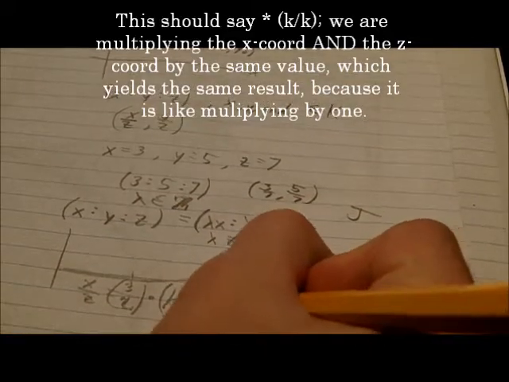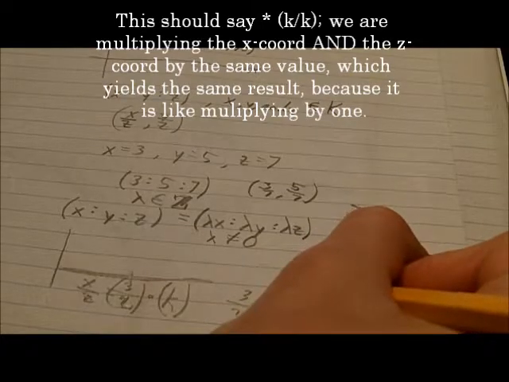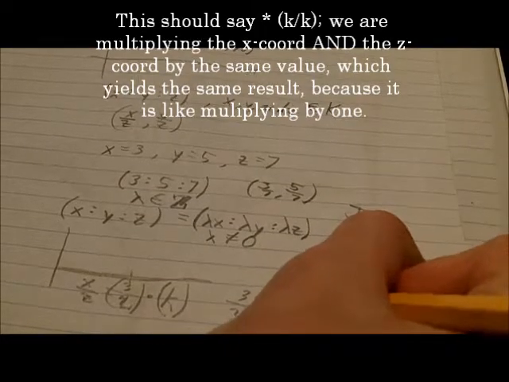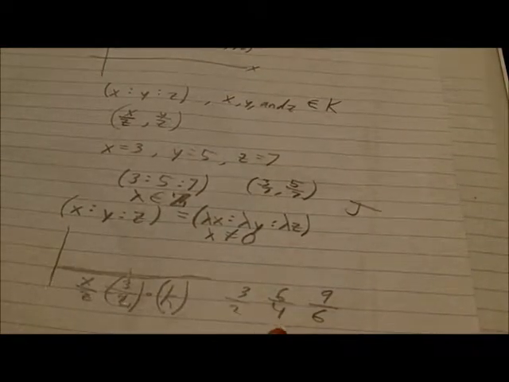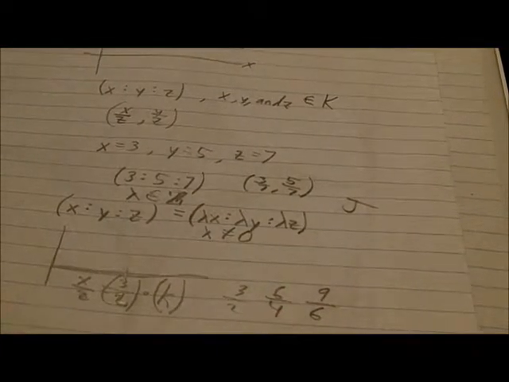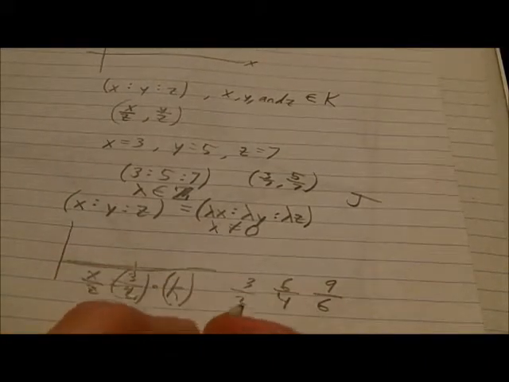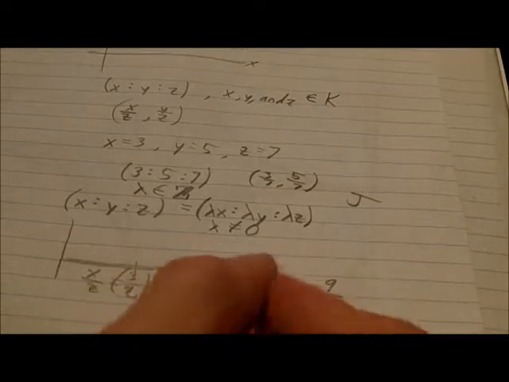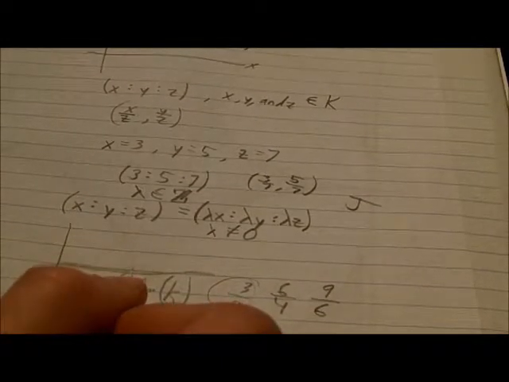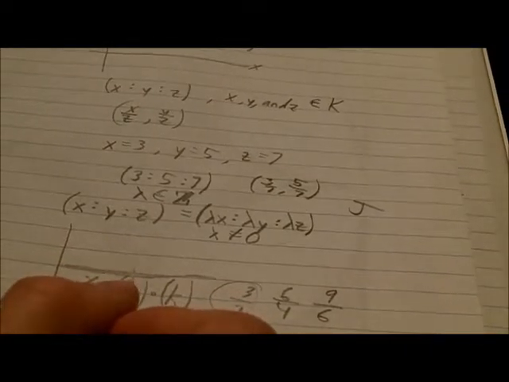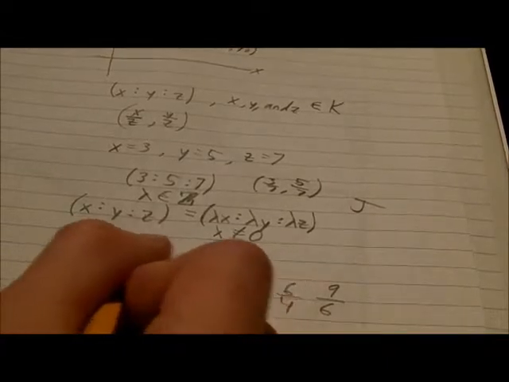We'll get 3/2, we could get 6 over 4, 9 over 6, something like that. Something where the numerator and denominator share some sort of factor. But if we factor that out, the most reduced fraction is just 3/2. So that is basically why it denotes the same point on the projective plane.